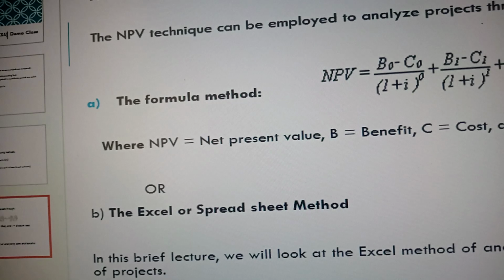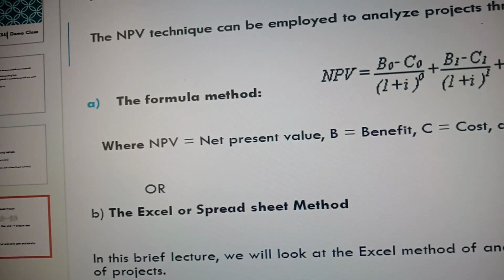The B means benefit at the beginning of the period, and C is cost at the beginning of the period. So if you subtract the cost from the benefit and divide by the denominator, which is the discounting factor, then you'll get the NPV for that period.